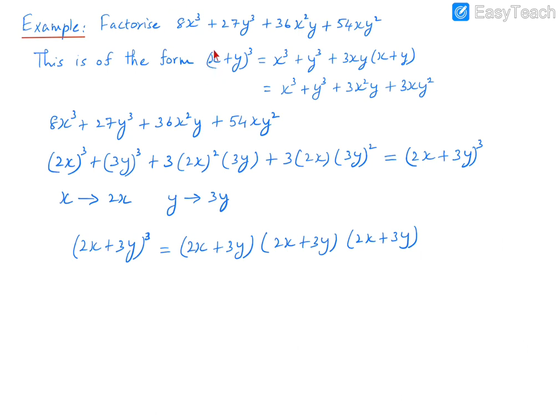Like in this particular case, in place of the variable x we have the parameter 2x, and in place of y we have 3y. So you need to figure out what is the parameter in place of the variables in the general expressions for the identities. Okay, and that way you will be able to solve the problems.